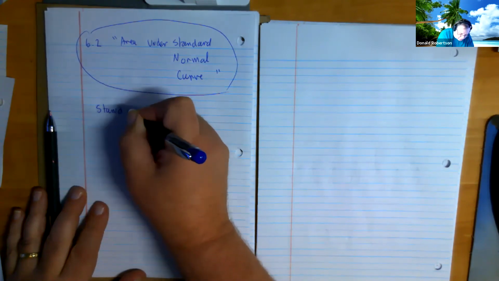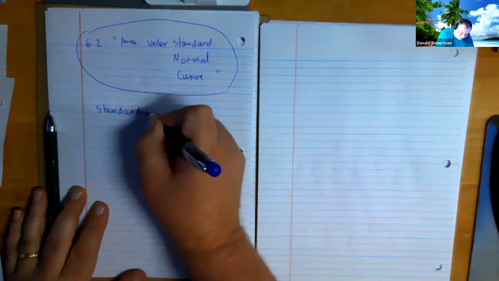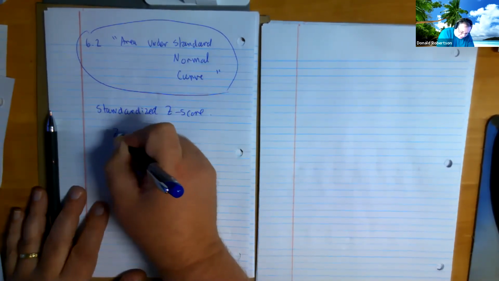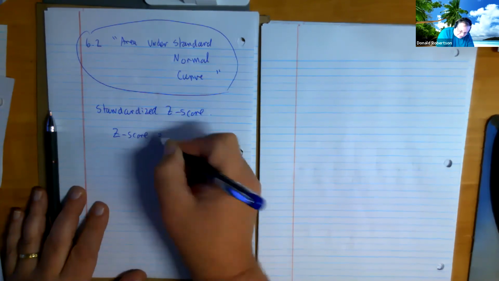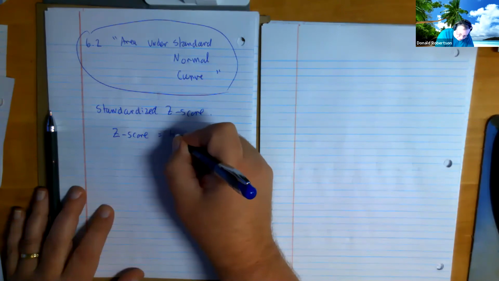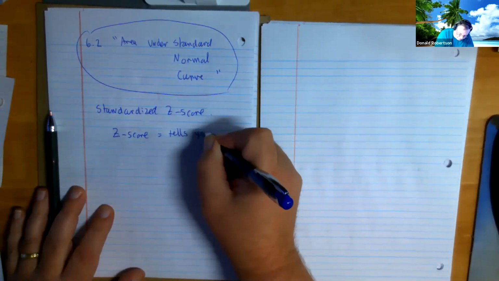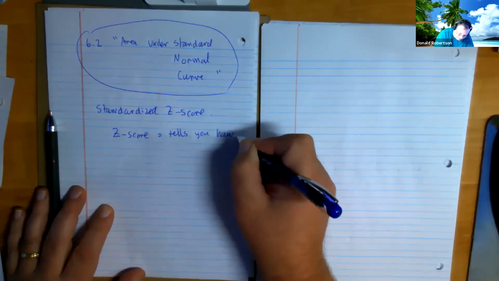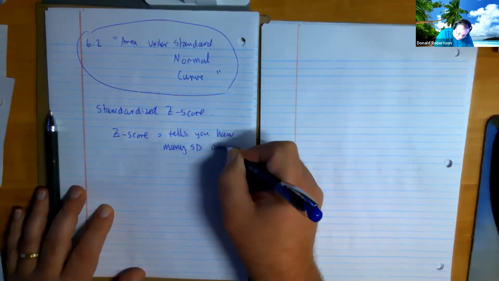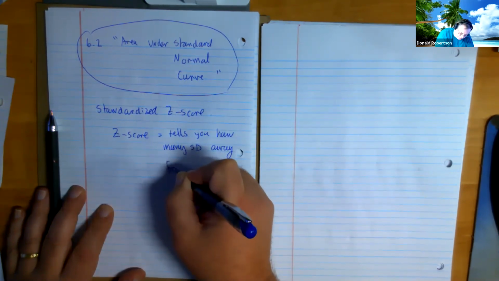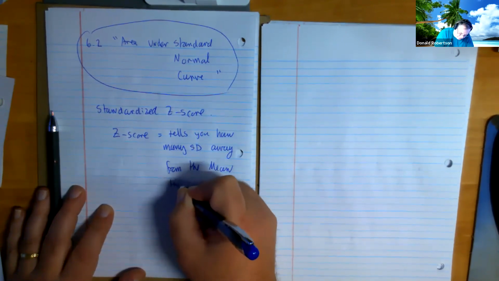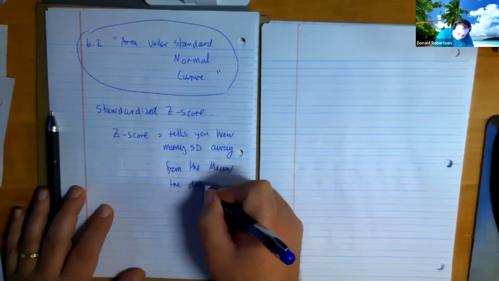We calculate a thing called the standardized z-score. Everybody just calls it a z-score. And it's a number that tells you how many standard deviations away from the mean the score is, the data is, that's a better word.